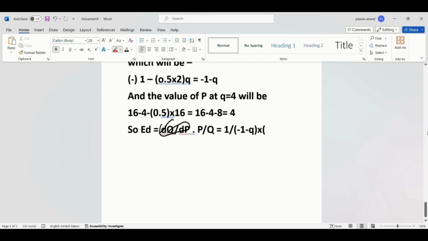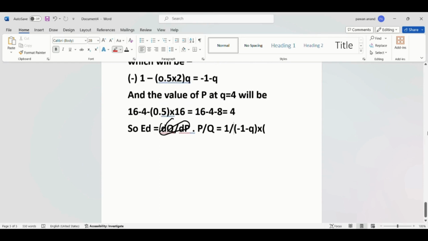And now, by solving this, what do we get? This is minus 1 upon minus 1 minus Q into 4 upon 4.